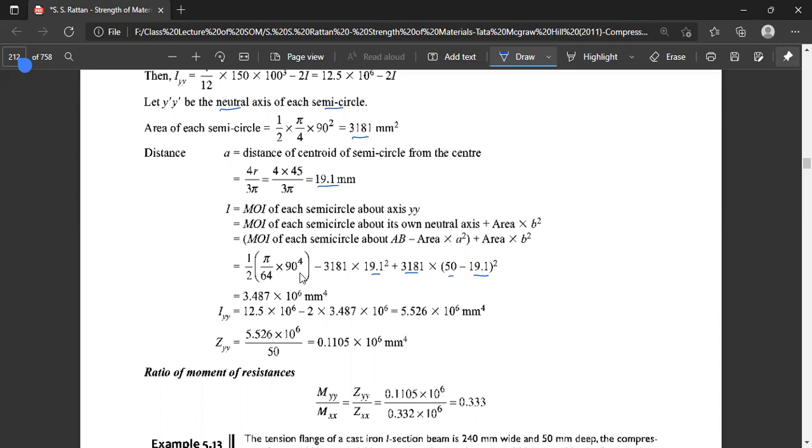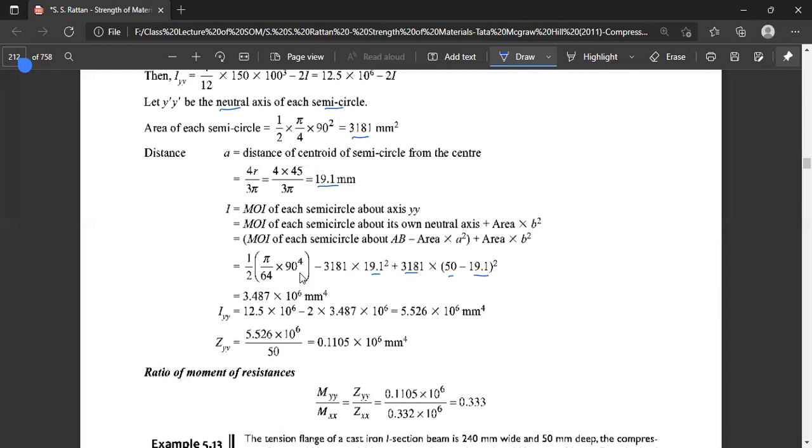So if you subtract 19.1 from 50, we get the distance B, or the distance from y dash to the y axis. Putting in all the numerical values and solving, we get the moment of inertia of each semicircle about the y-axis equal to 3.487 times 10 to the power 6 millimeter to the power 4.